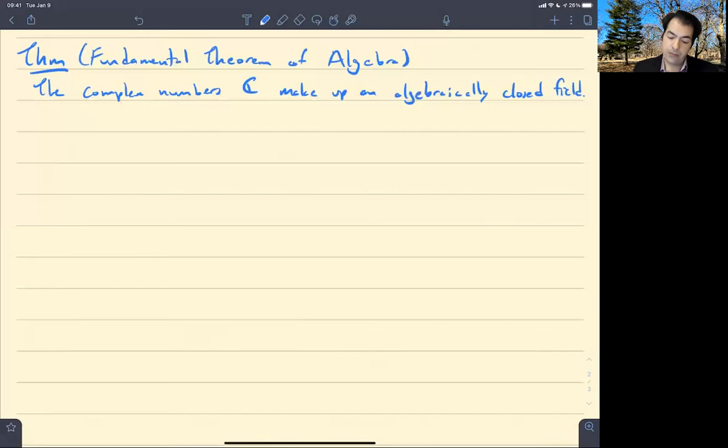But I'll tell you how you go about proving it, one way of proving it, at the end of the lecture in the historical context section that you're free to skip. Okay, but it is important for the course that you know the fundamental theorem of algebra, because we will be using from now on that over the complex numbers, polynomials have roots.